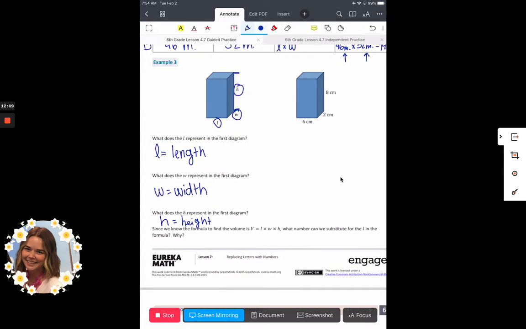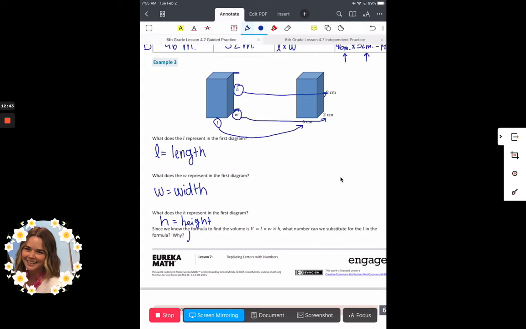And it says, since we know the formula to find volume is V equals L times W times H, or volume is equal to length times width times height, what number can we substitute for L in the formula? So if we look at these pieces and we assume that these rectangular prisms are the same size and the same length and the same height and the same width, we can just compare straight across.